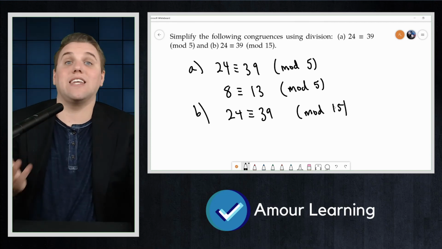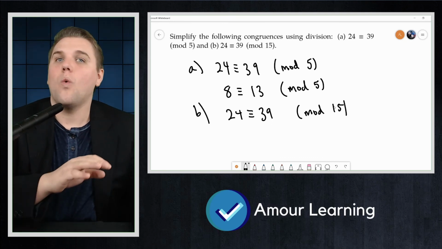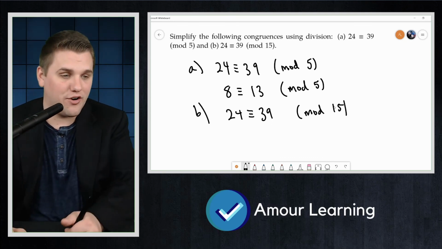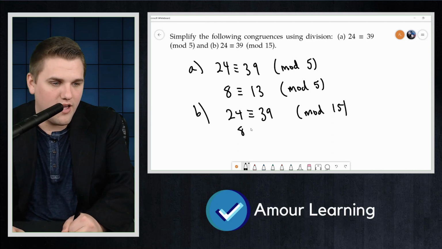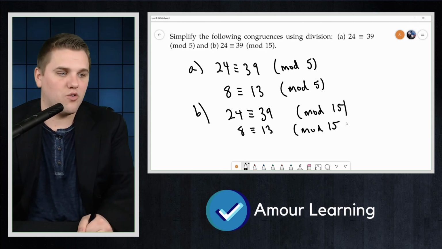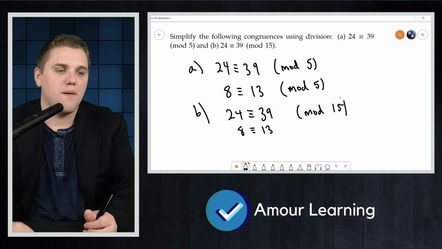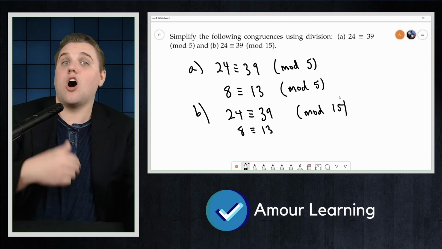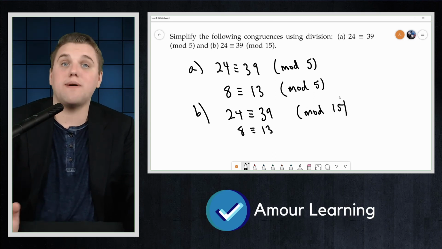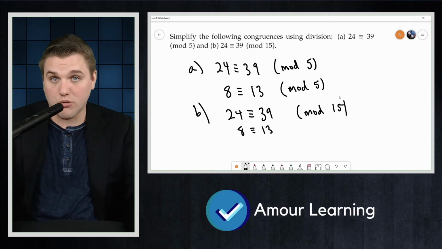However, doing so blindly gives us 8 is congruent to 13 mod 15, which is no longer true. That's definitely not true. So I can't just divide both sides by 3. Instead, we must also divide the modulus 15 by the greatest common factor of 3 and 15, which is 3.